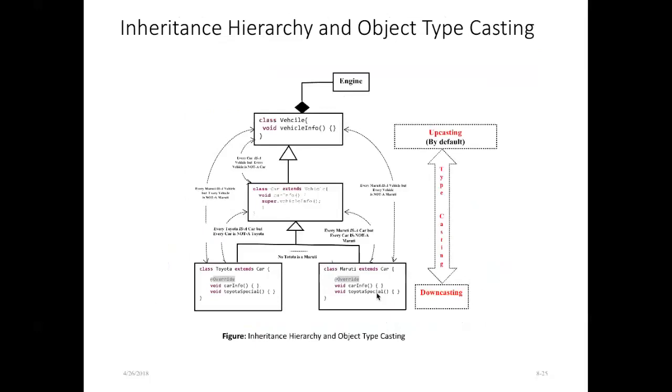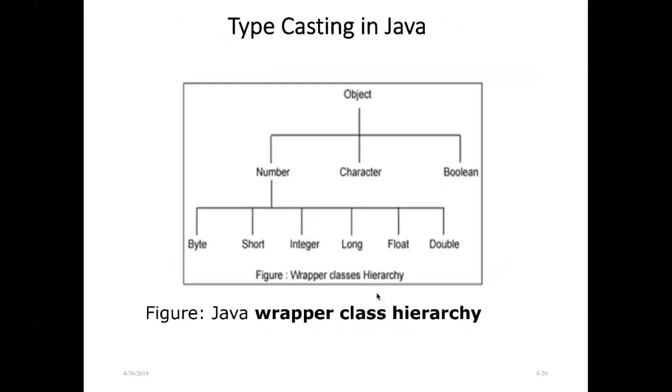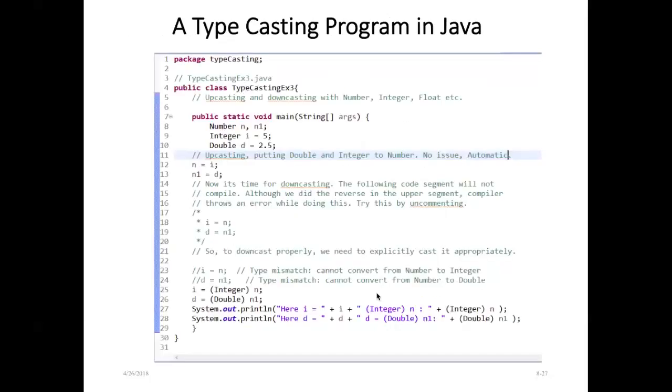Think about it that way, then you will understand. The reason we need typecasting is that all numbers are not integers. Some numbers are integers, some are long, some are double, some are float. But all integers are numbers.